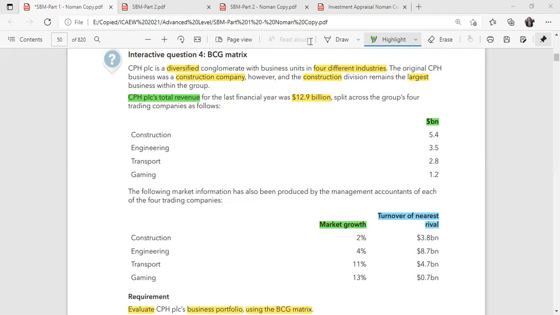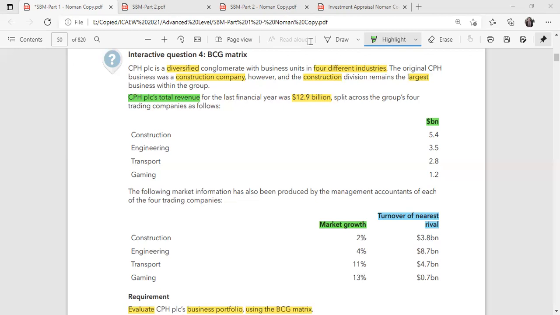Market share is less but market growth is more, so we need to figure out how to deal with it. Construction is a cash cow because even though there is low market growth, we still have a higher share: our revenue is the highest at 5.4 and the next rival is around 3.8.